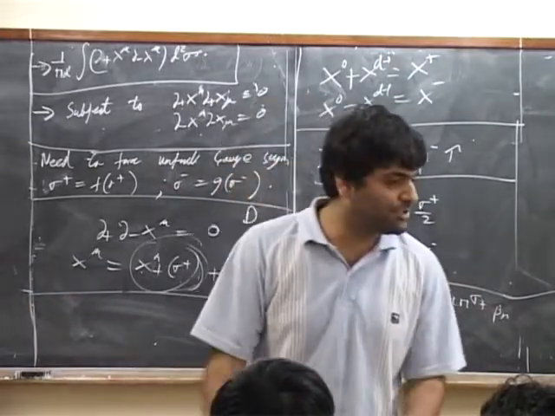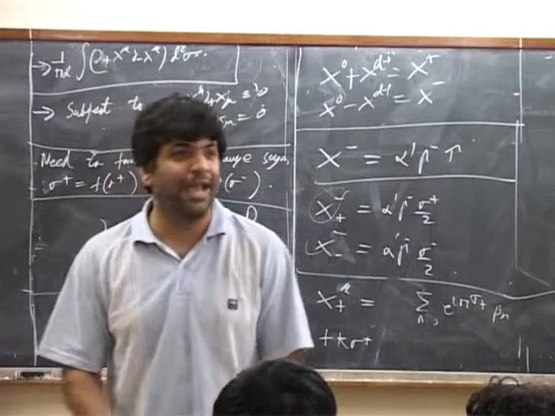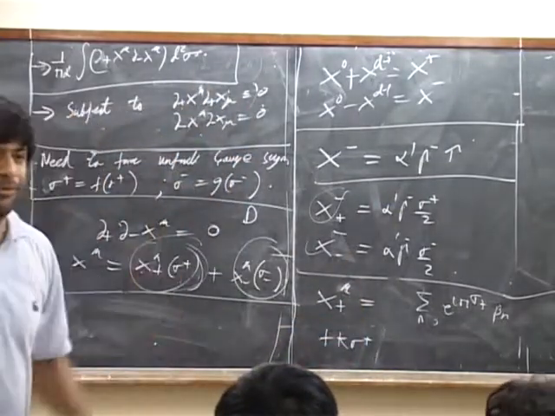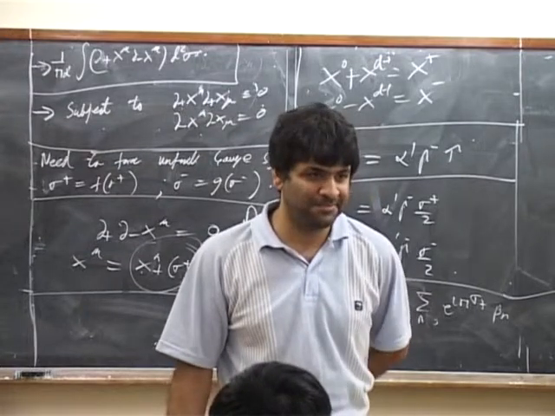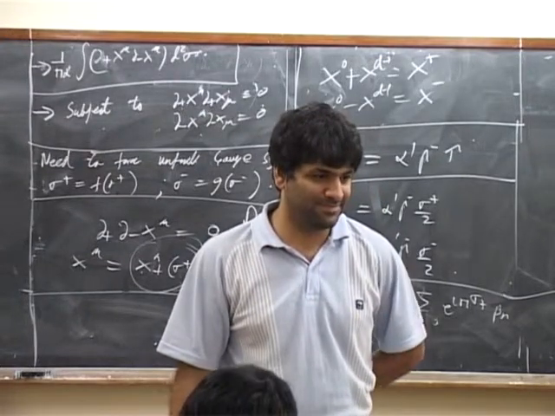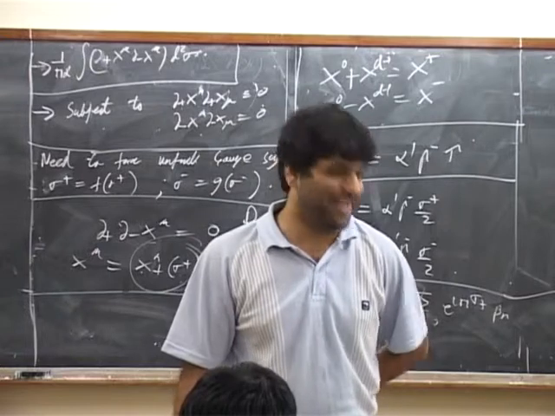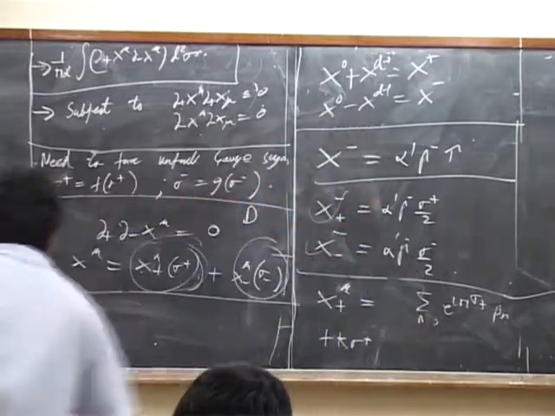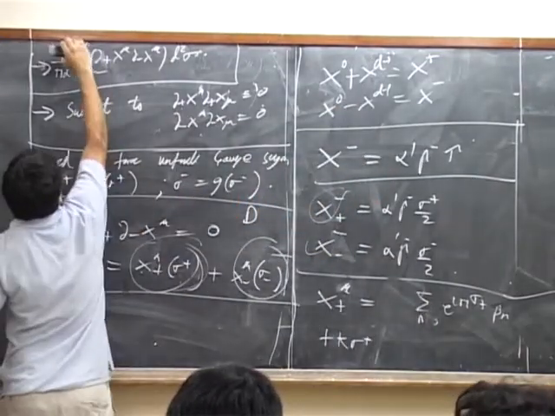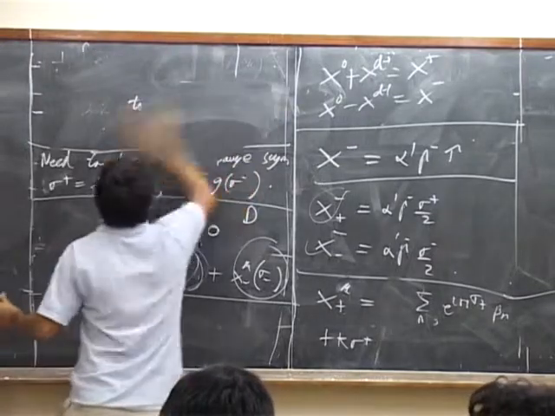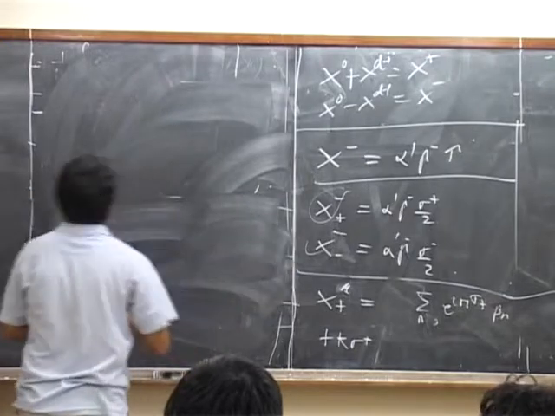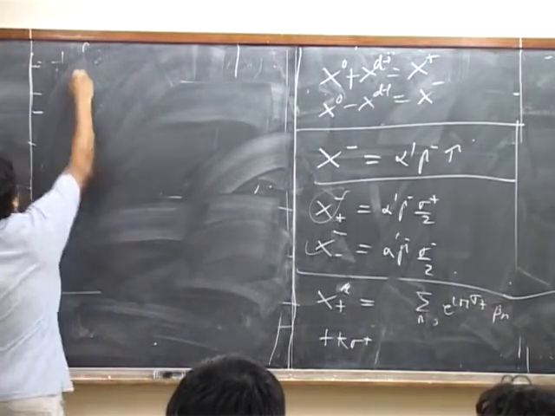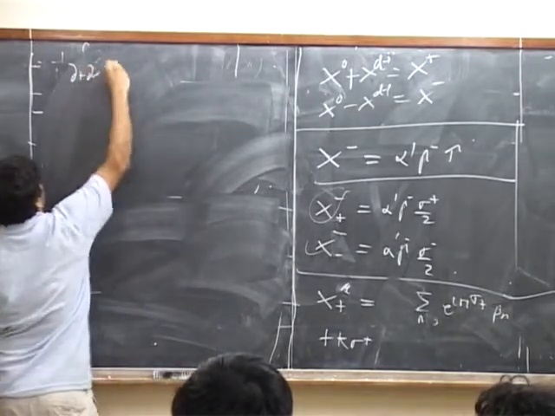Can somebody tell me what are the equations that come from varying x minus? You get an equation for x plus, exactly. So the equation of motion that comes from varying with respect to x minus, as I'll leave you to check, is the Laplace equation del plus del minus of x plus.